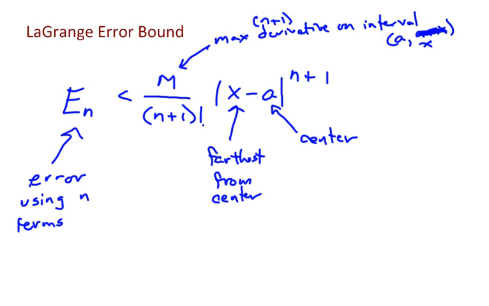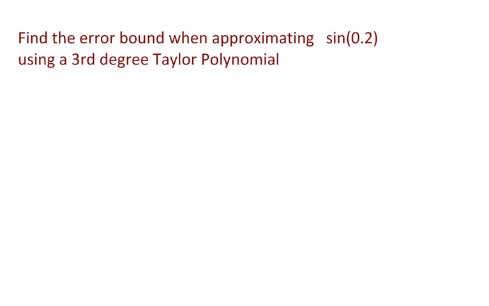So let's move on to actually doing one in a problem. Here's a problem, and I would encourage you to pause the video right now and try this on your own. When you're done, you can continue playing and see the solution. All right, welcome back. Let's take the solution of this particular one. We are finding the error using 3 terms.